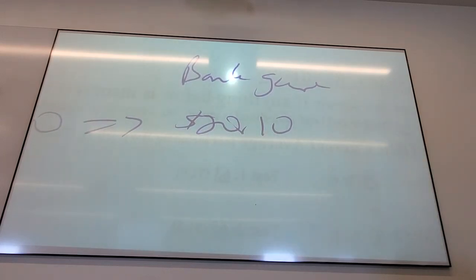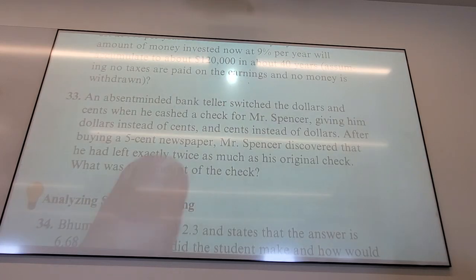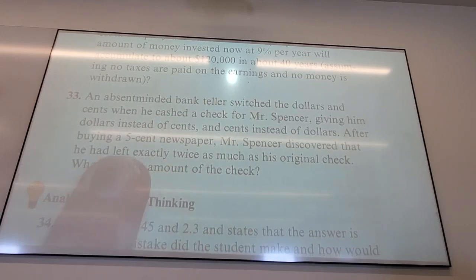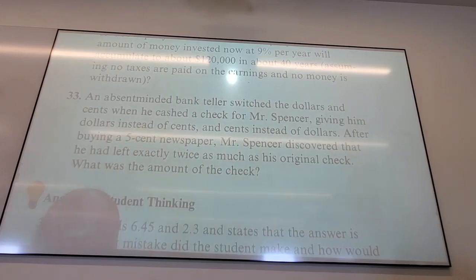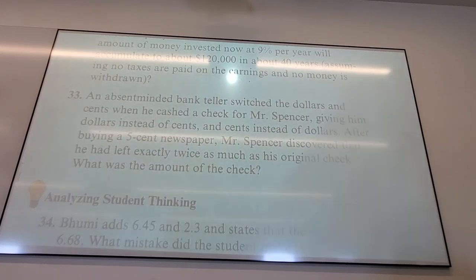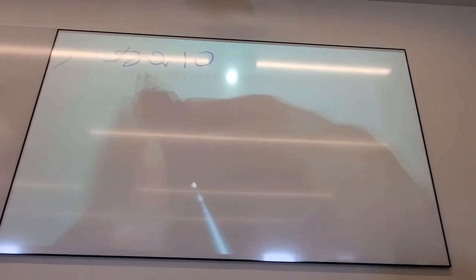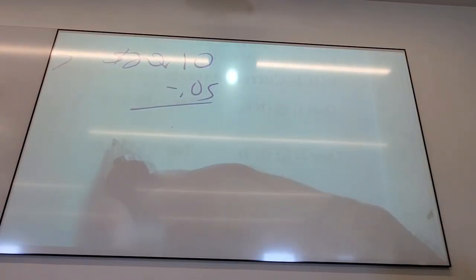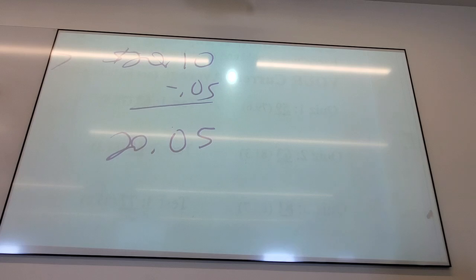So then Mr. Spencer goes, what's the rest of this? He buys a 5-cent newspaper. I don't know what year this is coming from. So what he had left was exactly twice as much as his original check. So if he spends 5 cents, that's $20.05.